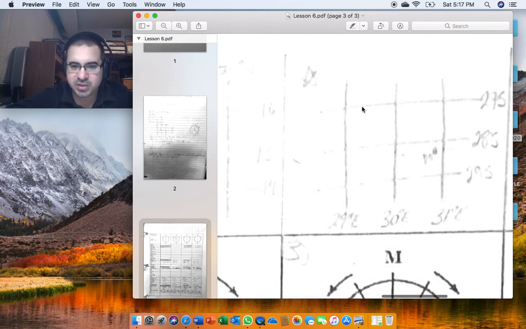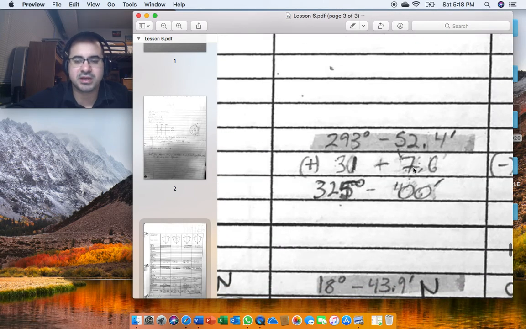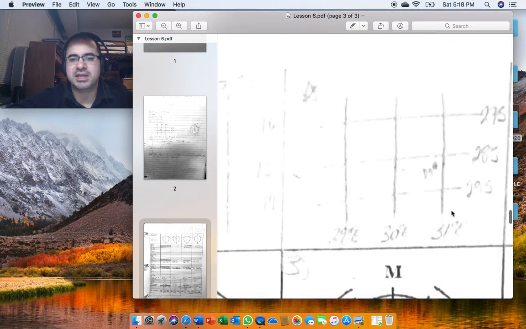Can it be 29, 7.6, 30, 7.6, or 31, 7.6? 31, 7.6. You see how, it's a little hard to see, but this 31, 7.6 is closer to your DR than this 37.6.